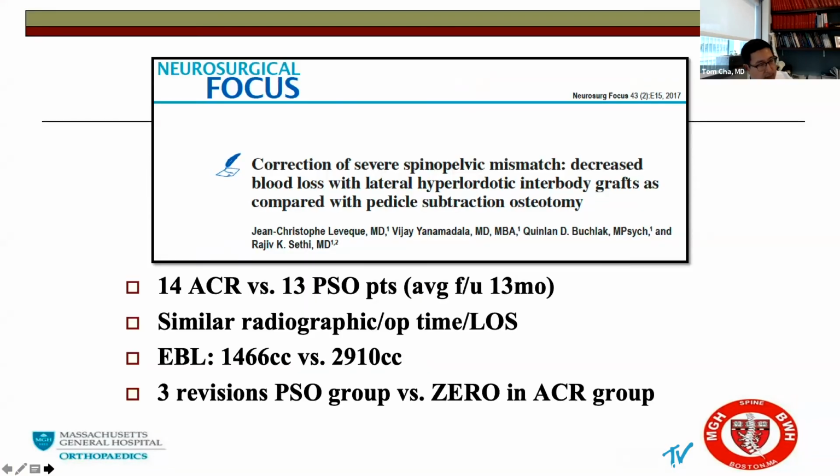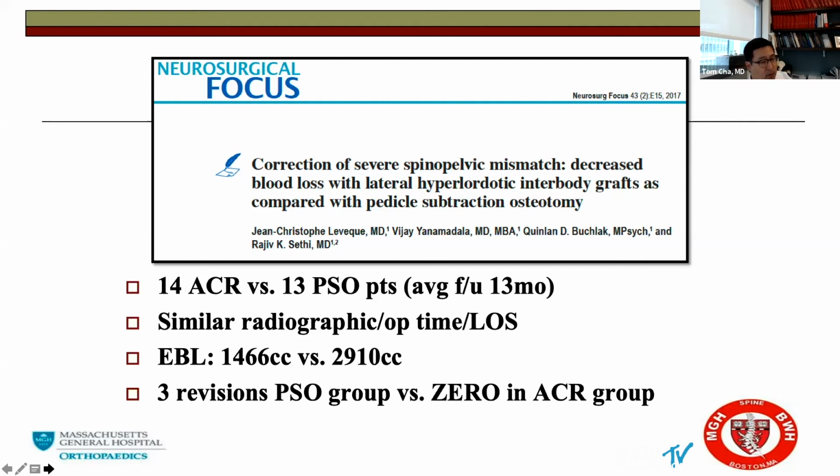And then a more recent clinical study compared 2 groups of patients undergoing each technique. It's important to note that these were in a group of spinal deformity patients that had not had a prior fusion, so they weren't correcting through a prior fused segment. But they noted similar radiographic outcomes, operative times, and length of stay, although the estimated blood loss was significantly less in the ACR group.